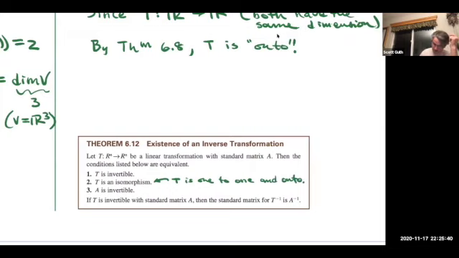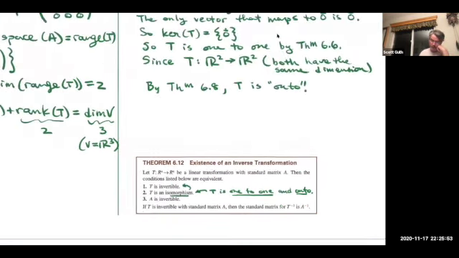So if it's 1-to-1 and onto, then it's an isomorphism. And if it's an isomorphism, then it's invertible. That's basically our argument here. We've got 1-to-1 and onto above. So I would add by theorem 6.12, T is invertible.